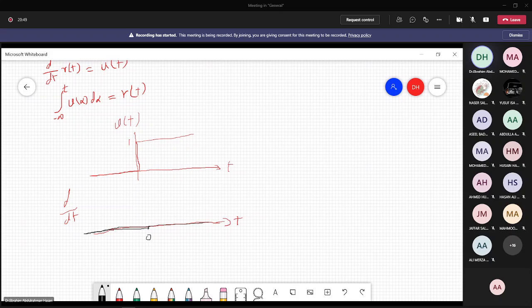But at 0 there is a jump from here to here, so I will get an impulse. It goes from 0 to 1, so it's going up to positive infinity, and the strength of the impulse is equal to 1. So the derivative of u we call the impulse function, delta t.